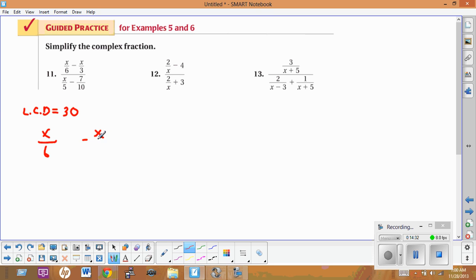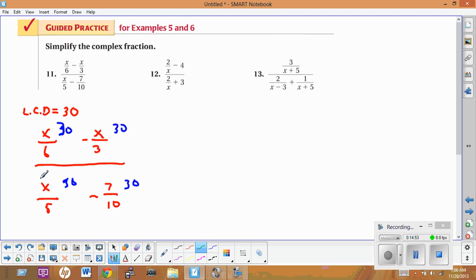So I'm going to rewrite this, leaving a little bit of space. And I'm going to multiply each of these terms by 30. Oops, that one didn't come out so well. So I'm simply going to slap a 30 up here and start multiplying.